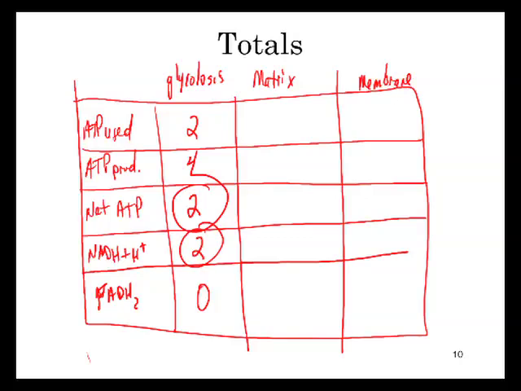Now, just to get you thinking ahead, there's enough energy in one molecule of NADH to produce 3 ATP. And this is something that happens in the electron transport chain.